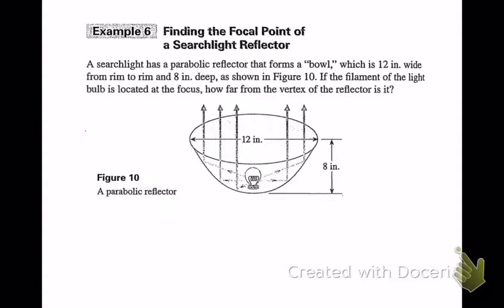Alright, so we have to find how far the filament, which would be your focus, is from the vertex, which would be down here. We have to find that distance. Here's how we would solve it.